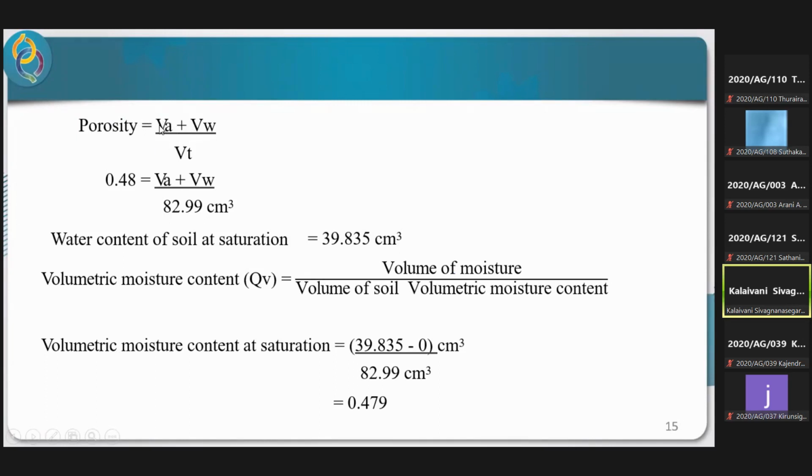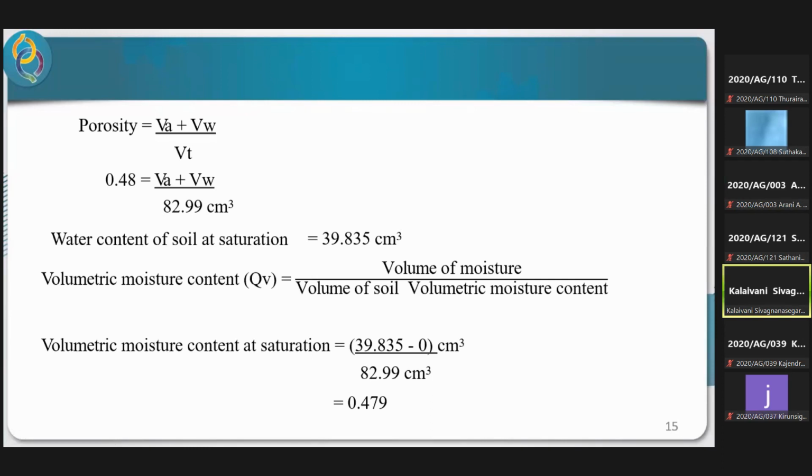So that means there will be no air in the soil. So using this data, you can find out the water content at saturation. Are you clear about this step? Yes, ma'am.